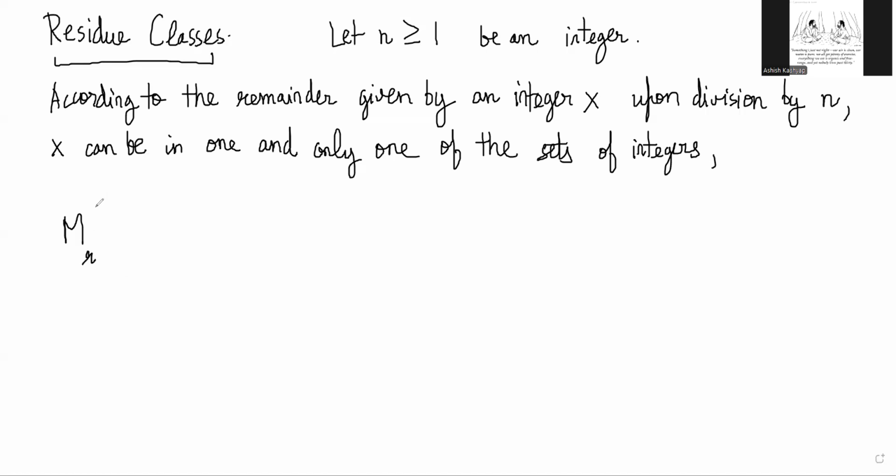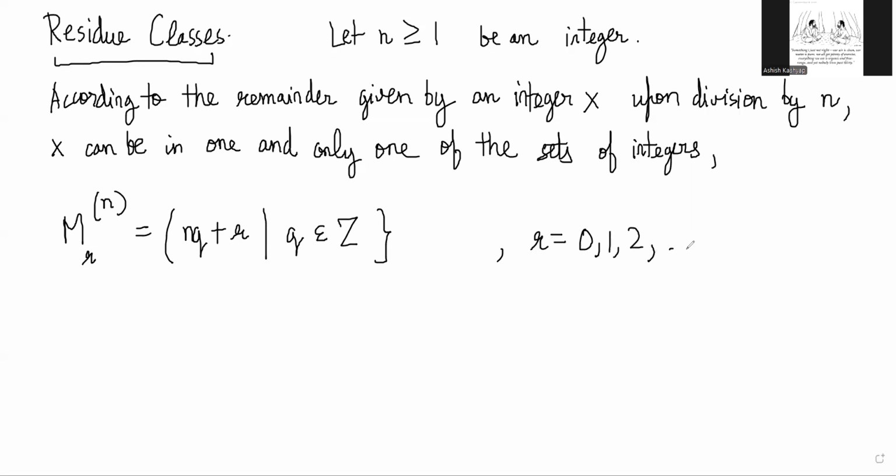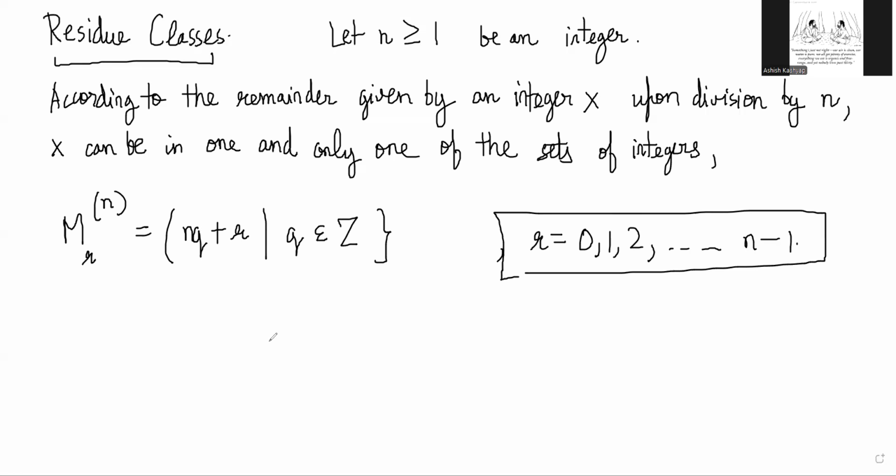M_r^(n) is equal to {nq + r such that q belongs to the integers and r belongs to 0, 1, 2 till n minus 1}. So let's try to understand what I have written here. When the integer x is divided by n, x can be in only one of the sets of integers, and these are the different sets.